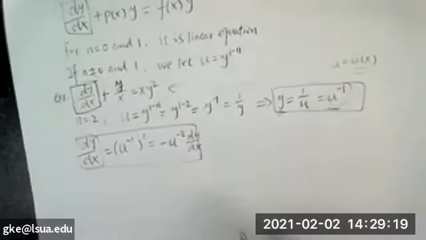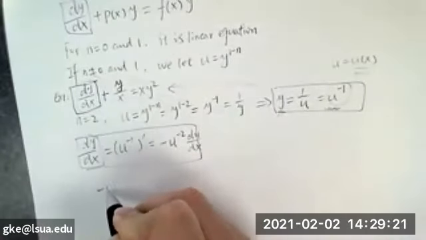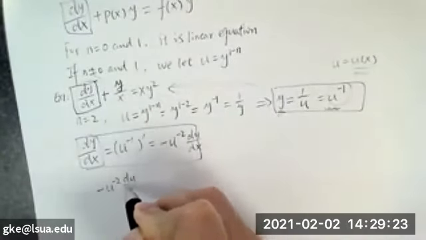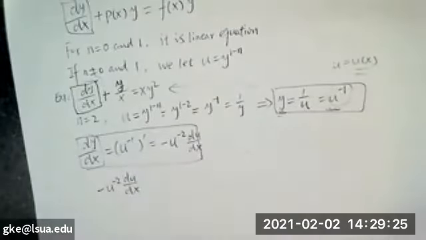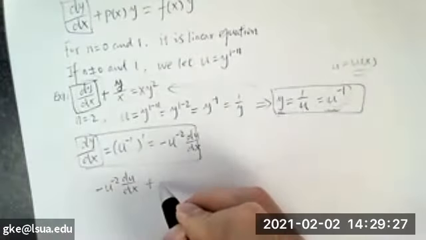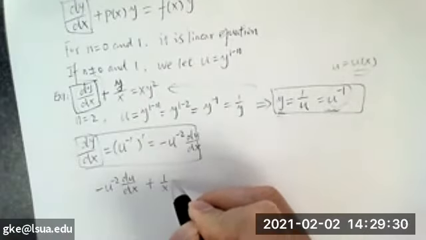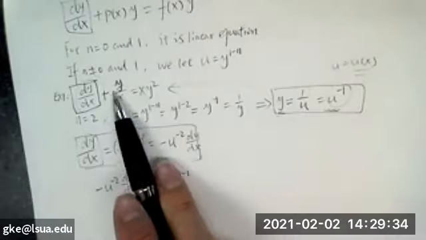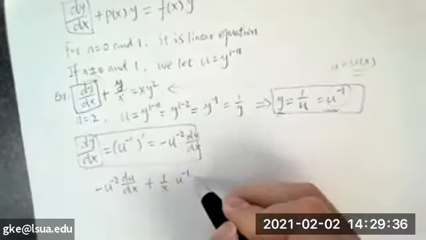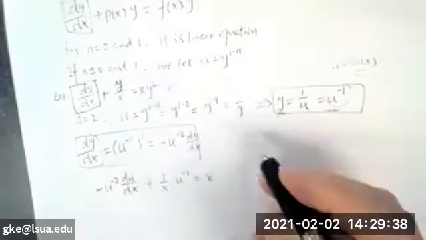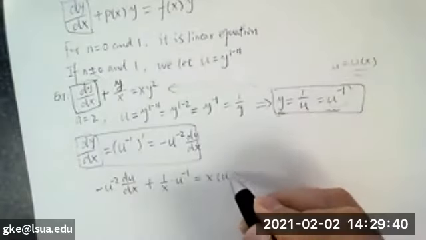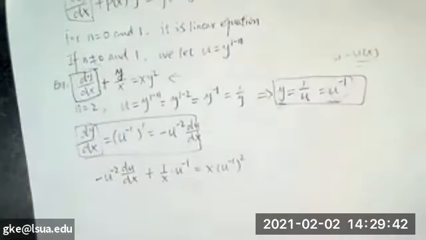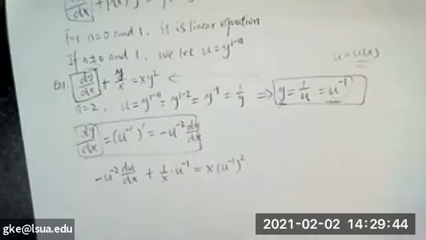So what are we going to get? dy over dx is this guy, and x times y, because here's a y, and the y squared is going to be this, and now we try to simplify it.